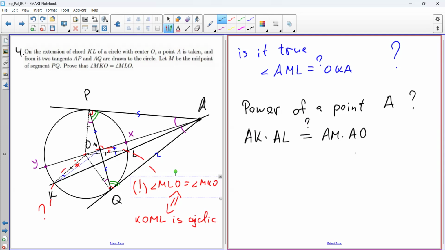So please let me know on chat, or with a personal message if you're more comfortable with that, especially those who will look at this in recording, if you know what power of a point is, the topic. Basically this would be very clear, by definition.